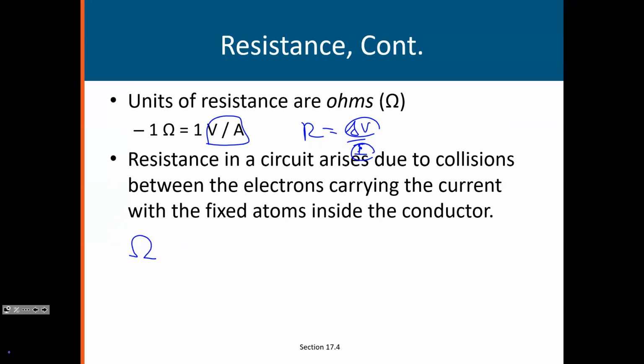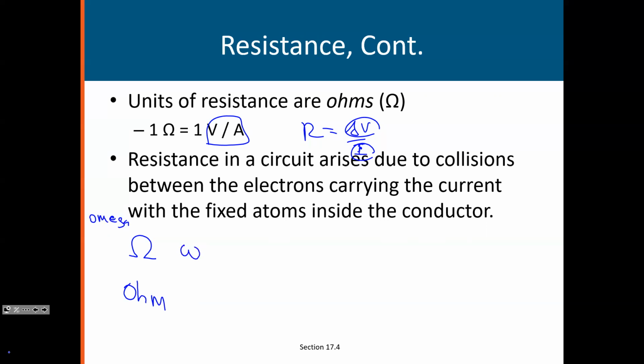We don't say omega, we say ohms, because it is named after the physicist who worked on this law, Ohm's law. It's a bit confusing. It is really the Greek letter omega, but we call it ohms. We don't call it omega. This is also omega.